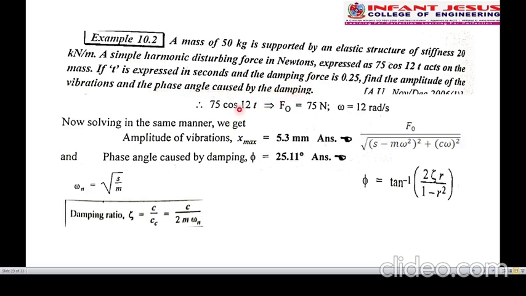We know all the values, so using this we can solve it like the previous problem. We can find the x max, the maximum displacement or amplitude, and the phase angle also. You can use these formulas: omega n, then phi, then this one for amplitude. Using omega and omega n, you can find r.